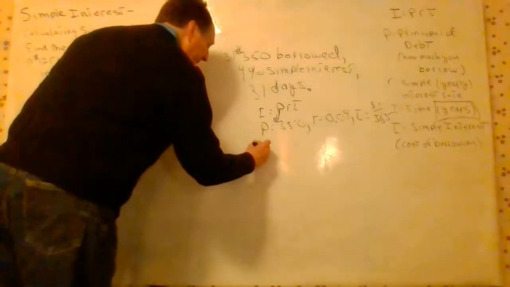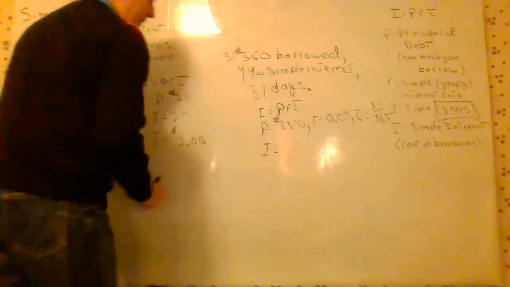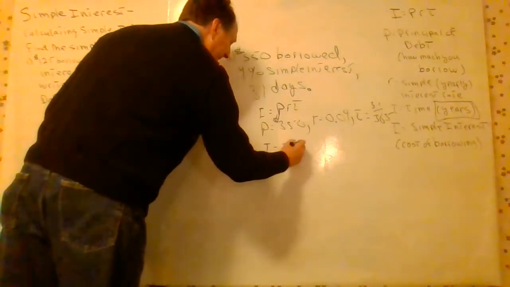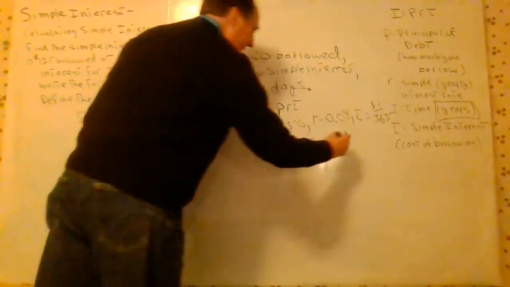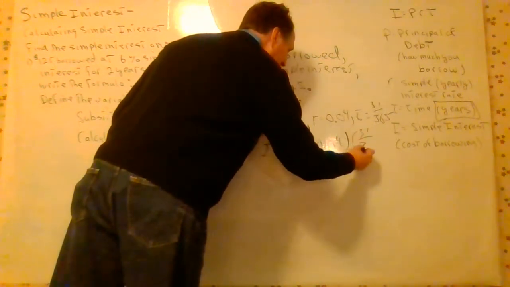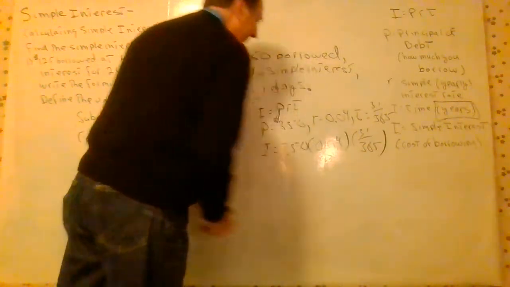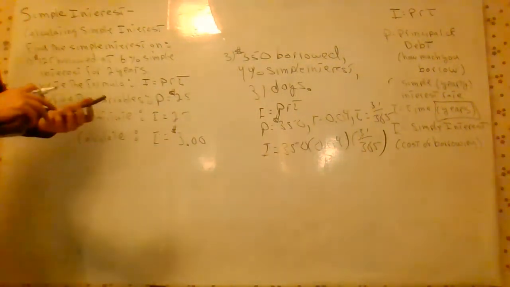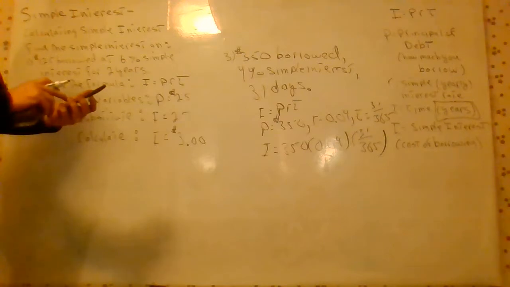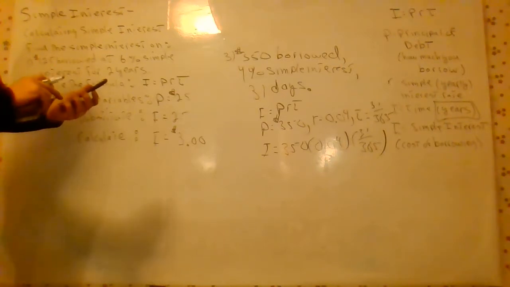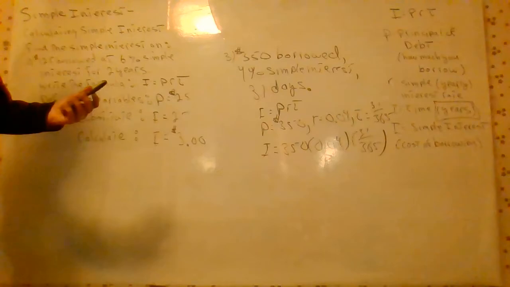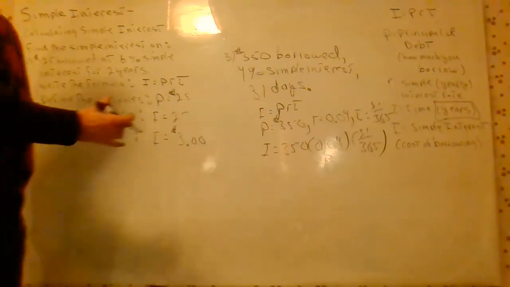And so we substitute I equals 350 times 0.04 times 31 over 365. And of course we have 350 times 0.04 times 31 divided by 365 equals, and it looks like we have $1.19.